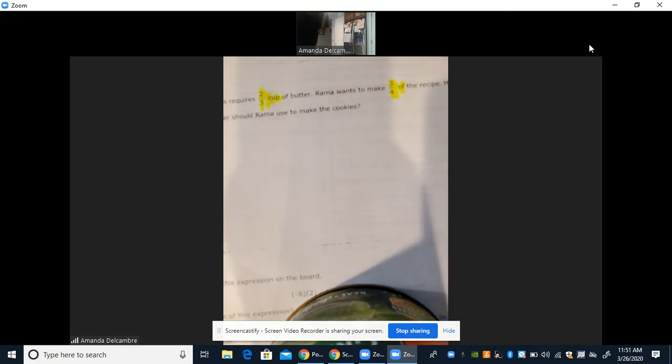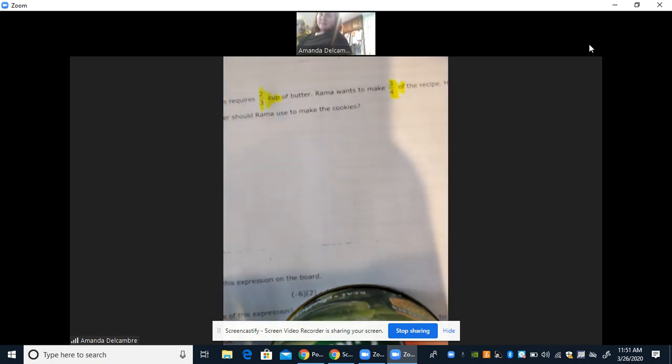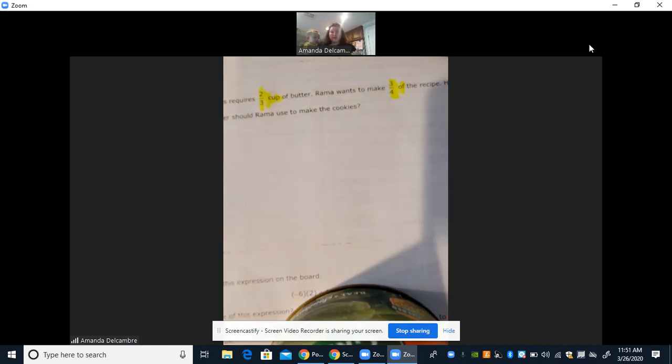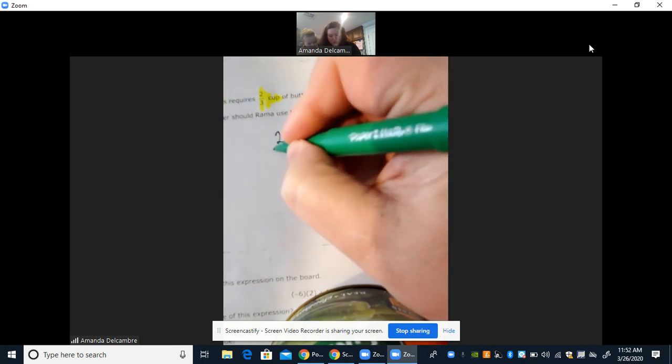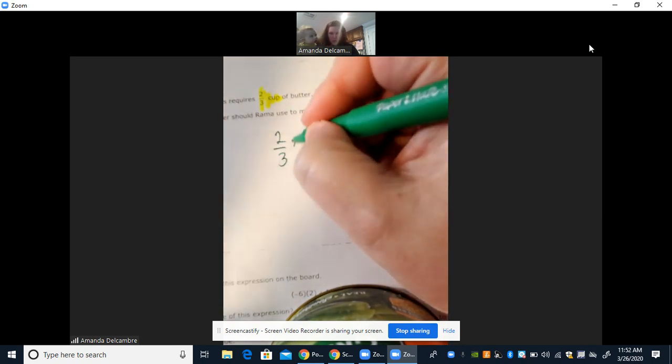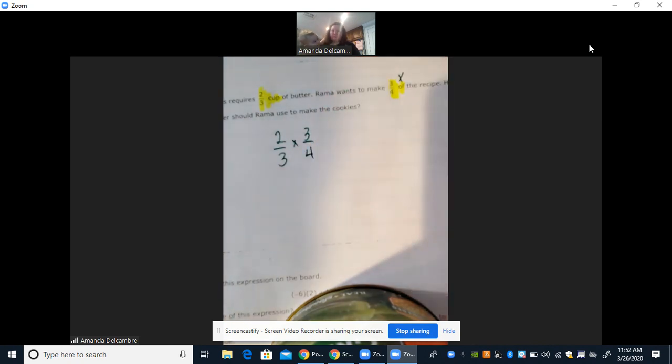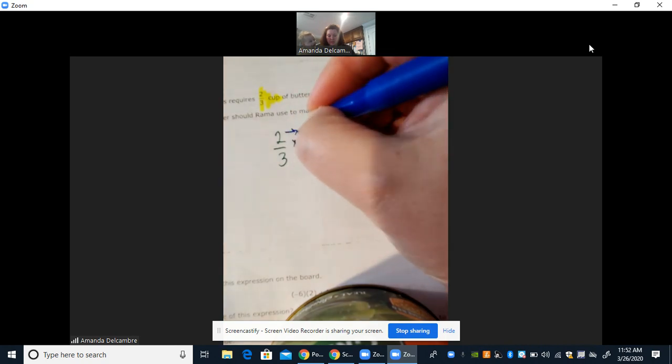Since she's making 3/4, which is less than the whole recipe, we're probably going to use less butter than what originally calls for. Okay, so remember, there's a key word in here, which is "of," which means to multiply. So we're taking 2/3 and multiplying it by 3/4. All right, remember when we multiply with fractions, we multiply straight across.